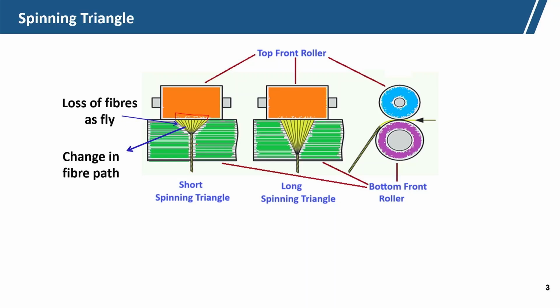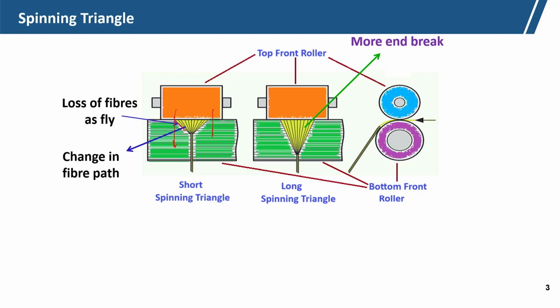Due to this change in path, there is a loss of fibers, because fibers always try to move in the longitudinal direction, and suddenly at the edge, fibers have the tendency to move out of the structure and form fly, moving away from the yarn structure.